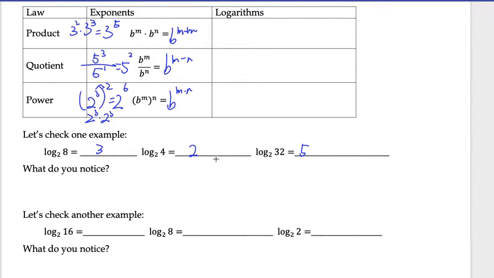I want you to pay close attention to the numbers we're dealing with here. As you can see, the numbers 8 and 4: 8 times 4 is actually 32, right? And this number 3 plus 2 is actually 5. So it seems that log base 2 of 8 plus log base 2 of 4 equals log base 2 of 8 times 4, which is log base 2 of 32.